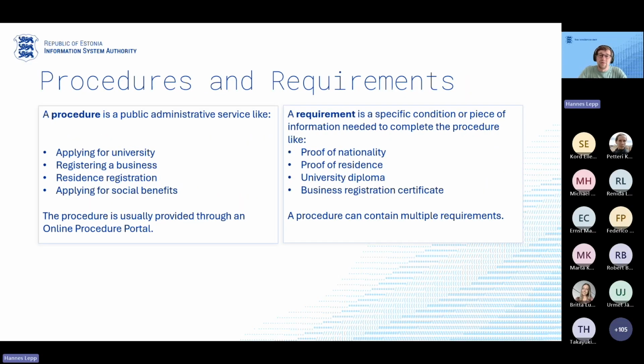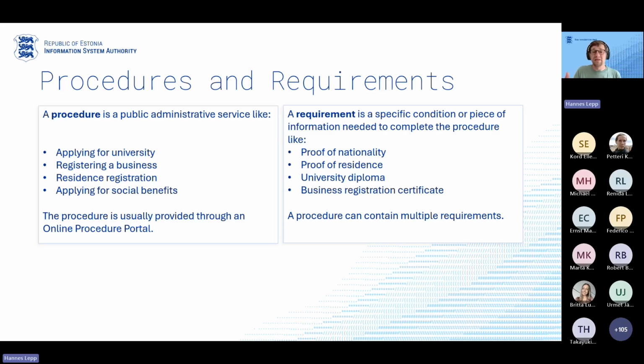At the very core of OOTS are two very important concepts, procedures and requirements. Firstly, procedures are administrative services that citizens and businesses need to complete. Here are some examples of procedures: applying for university, registering a business, or applying for social benefits.